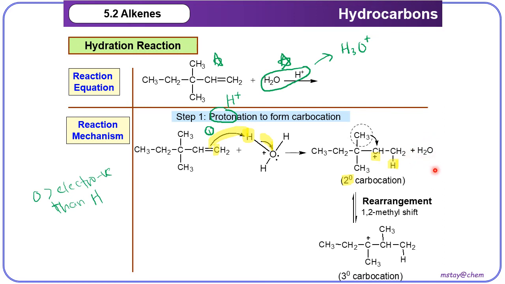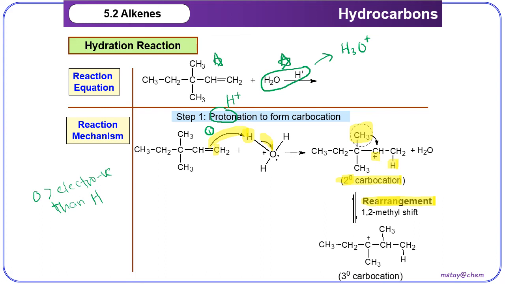Next, once we know this is a secondary carbocation ion, we need to consider whether any rearrangement is possible. One of the methyl groups from here will shift with the positive charge here.